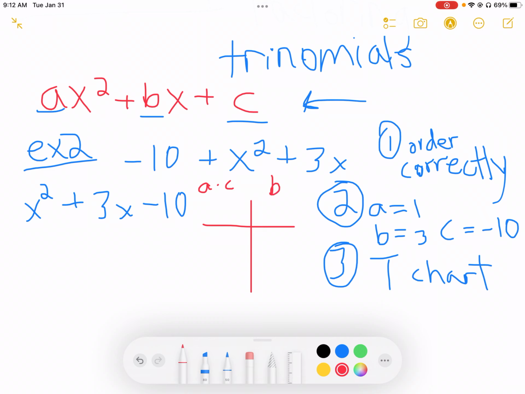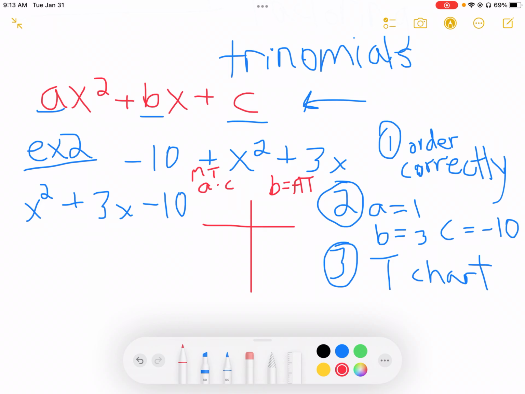What I did before is it multiplies to a times c, and then it adds to b. So MT for multiplies to, and AT for adds to b.